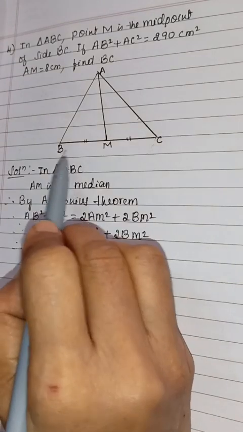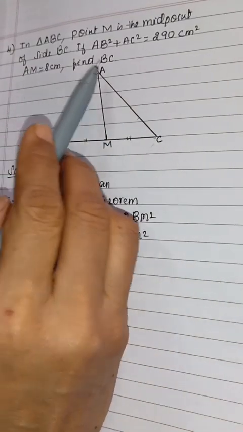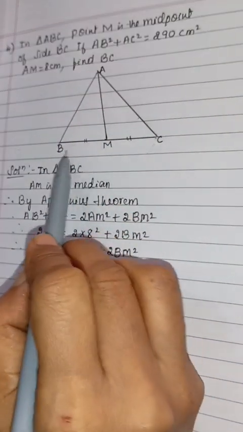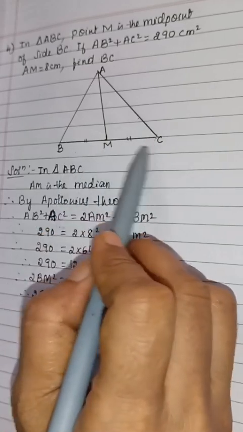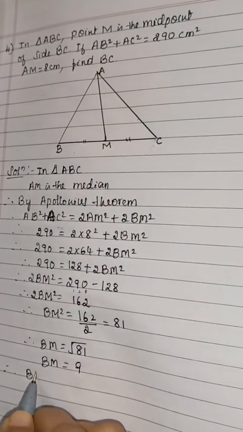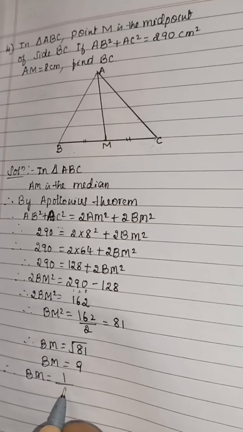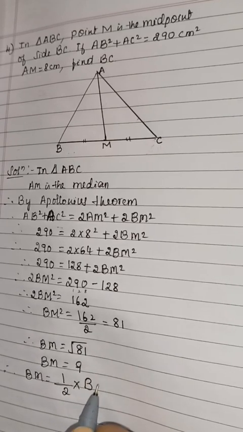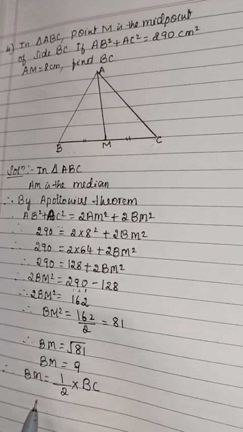Therefore BM is 9. We have to find out BC. BM is half of BC, no? Therefore BM is half of BC. We have to find out BC.